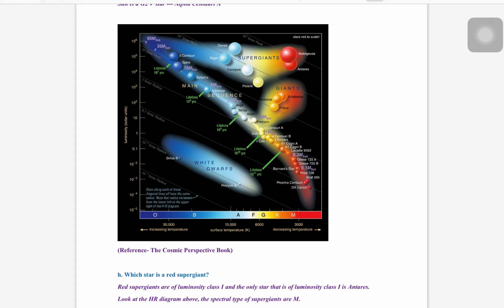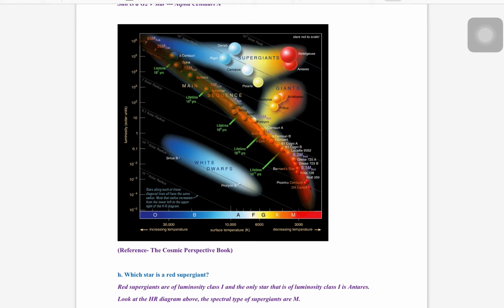The reason we call it the main sequence is because all the stars in this region still have the fuel to burn, they are still changing hydrogen into helium.